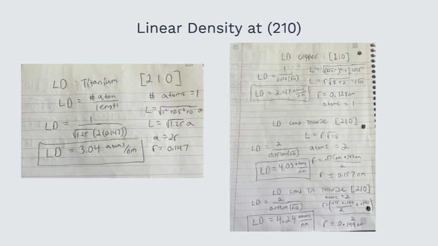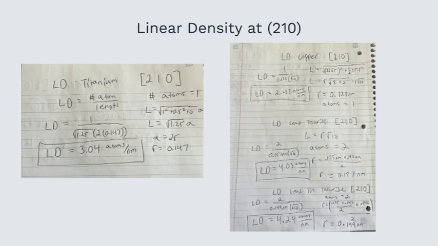For the linear density of copper, we did a similar method. Using the linear density equals the atoms over the length, we found the number of atoms equals 1, and the length to equal R times radical 10. The linear density for this is 2.47 atoms per nanometer.